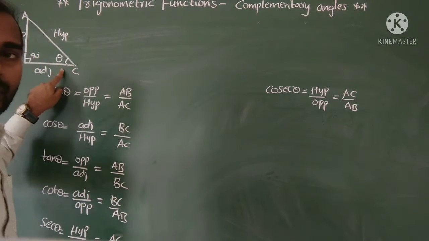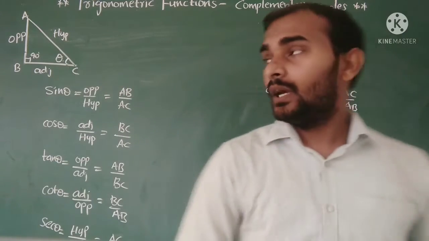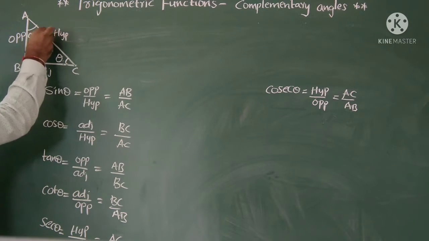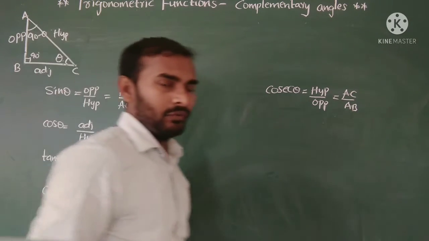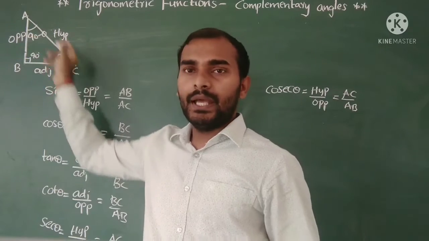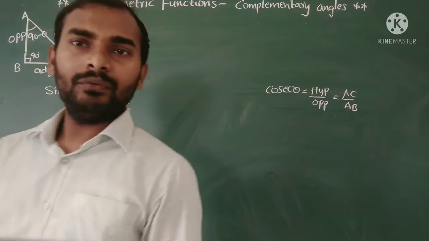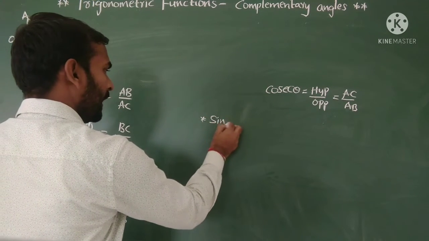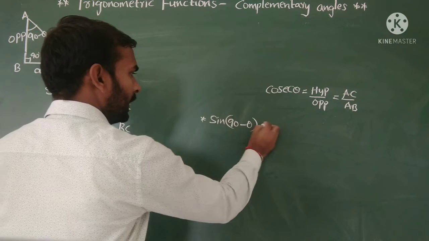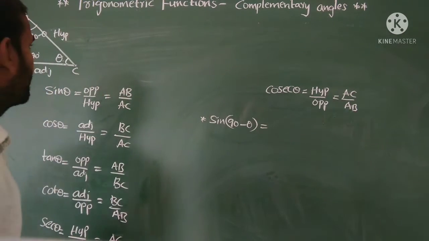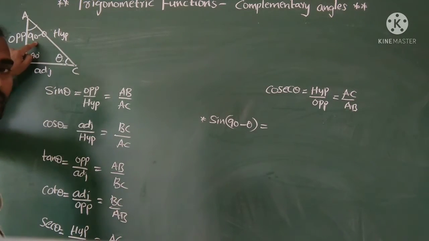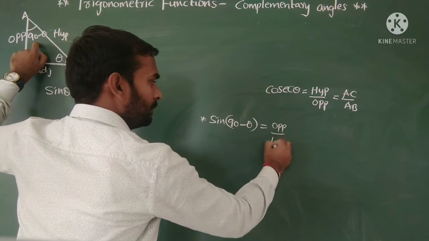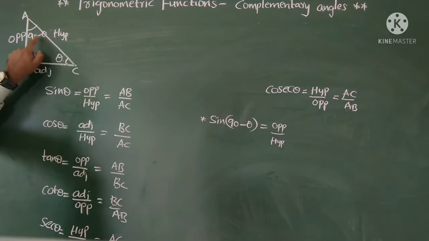When we are focusing on theta, now our concept is, I want to find out, this is theta, then this is 90 minus theta. Why? Because these two are complementary angles, right? So I want to find out 90 minus theta. Now sin 90 minus theta value I want. Sin 90 minus theta is opposite by hypotenuse. This opposite side, what do we have?